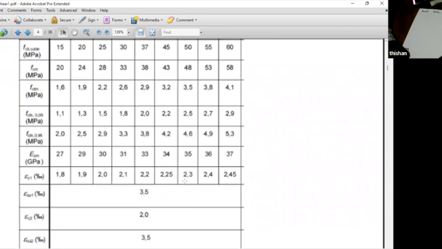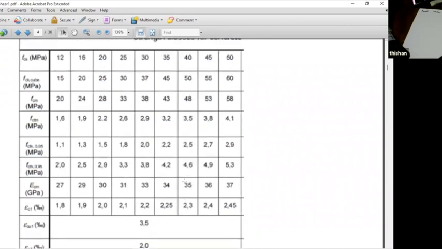So basically, whatever equations we tried last time will be applicable. Last time we learned the method that Eurocode uses. I'm going to use the same method, but now I'm trying to tell you how we approach the problem as a structural engineer who is going to design a reinforced concrete structure.